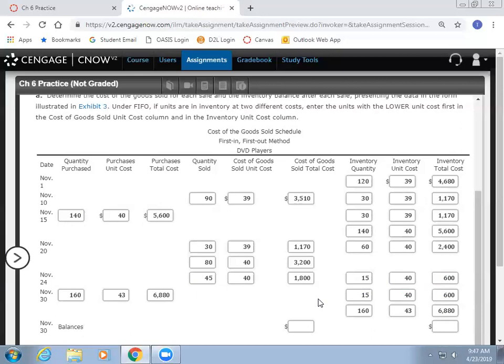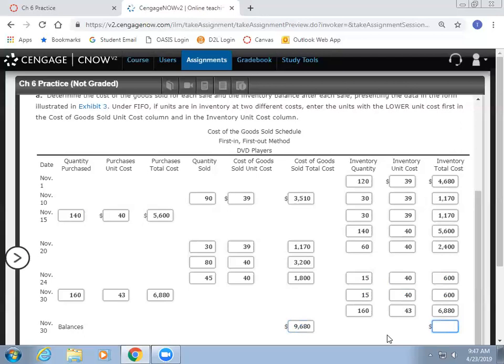How much is my total cost of goods sold? $9,680. Thank you. Okay, so we're truly just adding up our cost of goods sold column right here. So our total cost of goods sold for the month of November was $9,680.